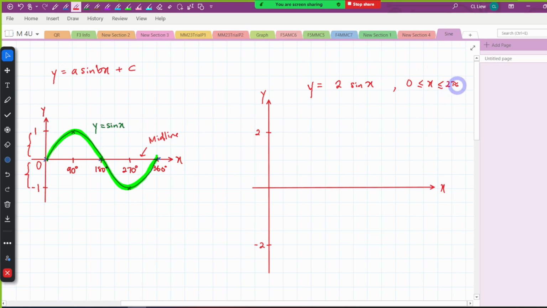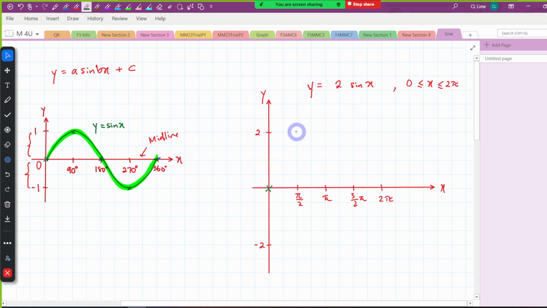Seeing the given range is in radian, we'll be labeling the x-axis with radian. So this is pi over 2, this is pi, this is 3 over 2 pi, and the last one is 2 pi. The first point is over here, and the second point is over here, the maximum point.